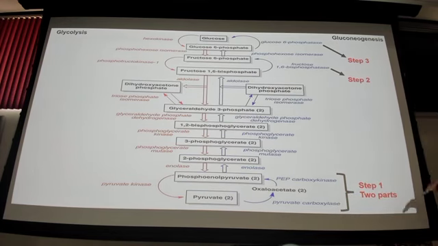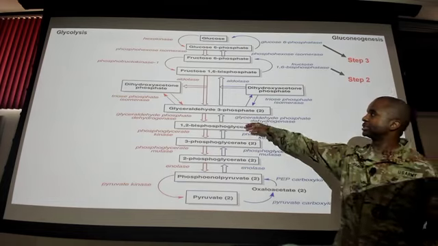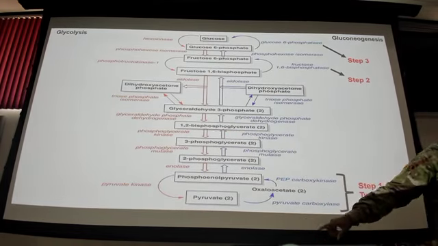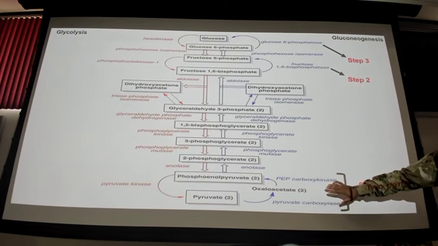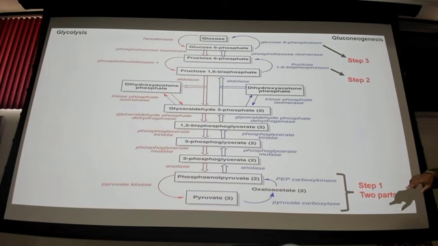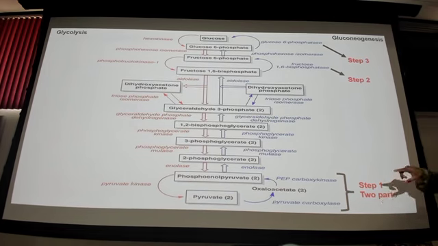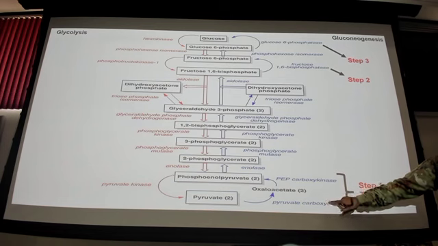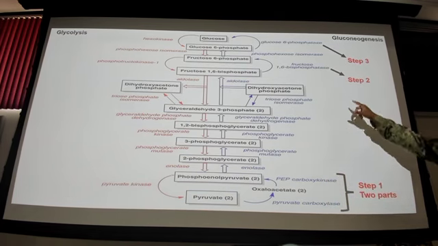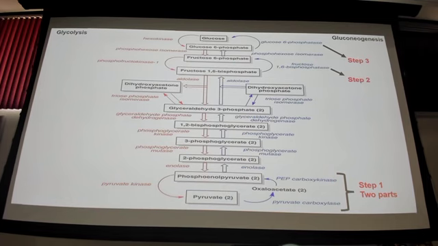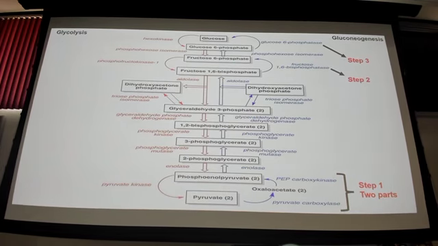You see, there's a lot of steps that are the same, where they can go back and forth, but there's 3 steps that are irreversible in glycolysis. So gluconeogenesis needs to find a way to circumvent those steps, and it's doing that through these 2 enzymes here, this enzyme, and then glucose 6-phosphatase. Does that make sense? Any other questions?